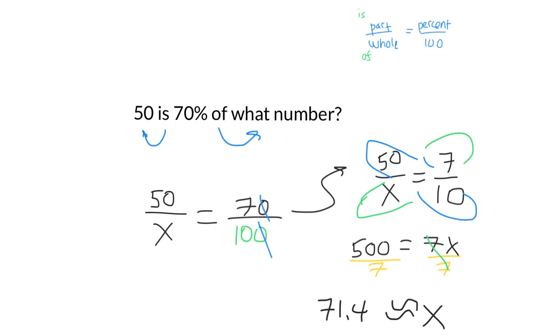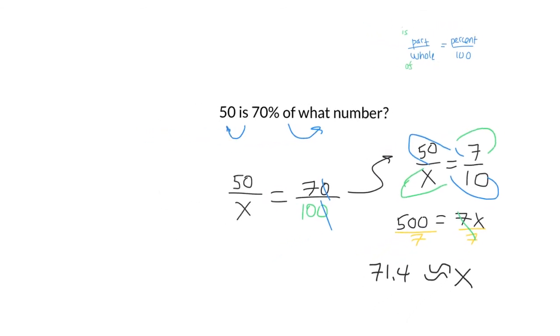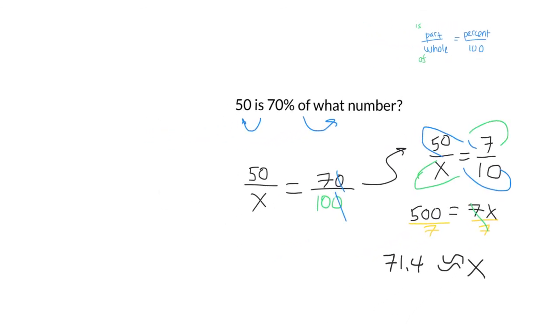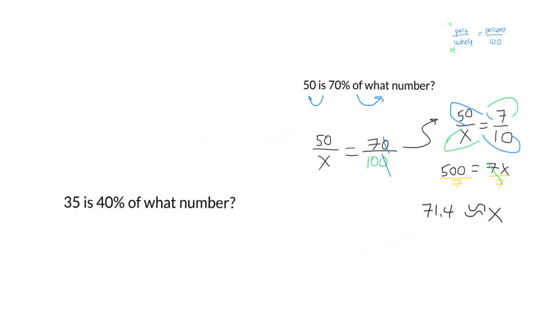What the word problem is really trying to say is 50 is 70% of what number? All right, so I'm going to give you a problem like that right now. Okay, 35 is 40% of what number? Go ahead, pause the video. Good luck. Let's find out how it goes.